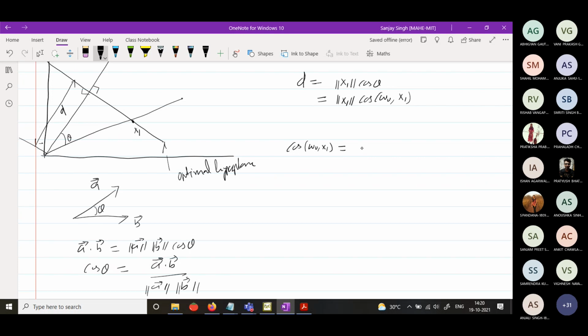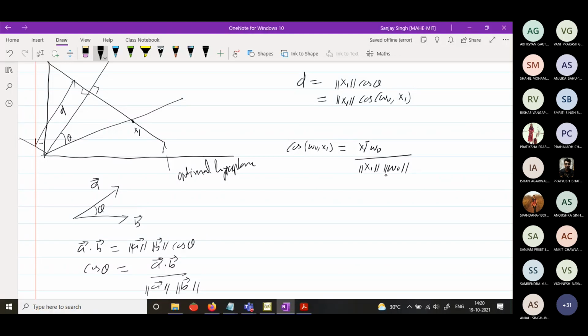x is a vector, w is a vector, so I can write x1 transpose w0 or w0 transpose x1. I could have written it either way without any problem, over the x1 magnitude and the w0 magnitude. In school we used to write arrows, so I have taken that from there, but for large vectors we don't use arrows anymore.